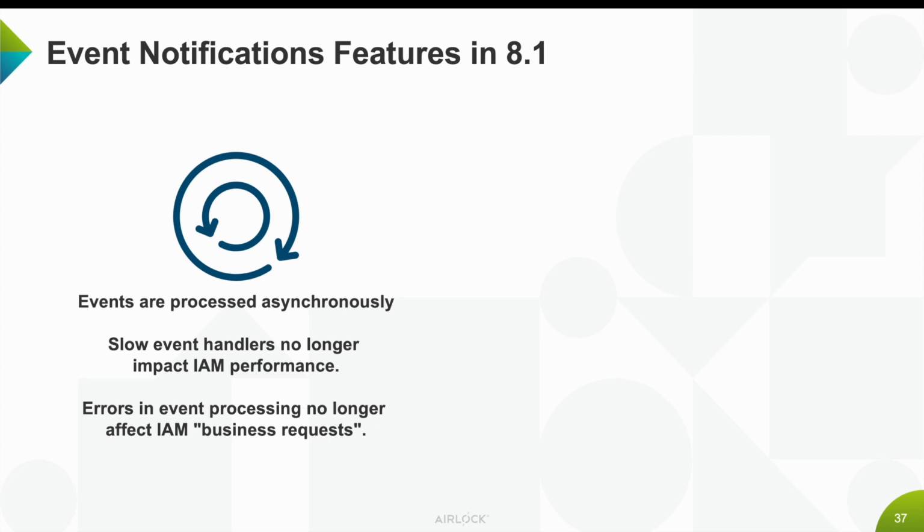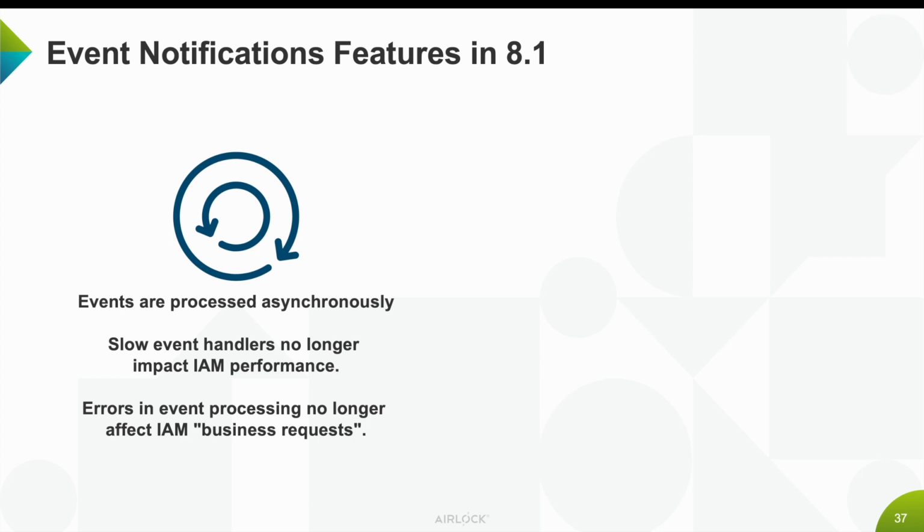So first, about event notification features in 8.1. First thing is that events are now processed asynchronously. It means that if an event is thrown, the event handler is called in an asynchronous process or thread. This means that, for example, slow event handlers can no longer impact IAM performance.